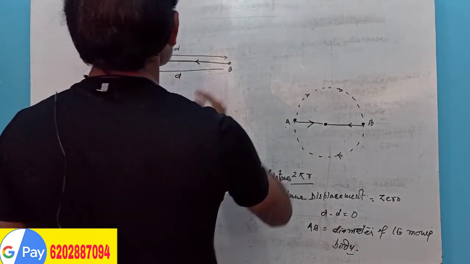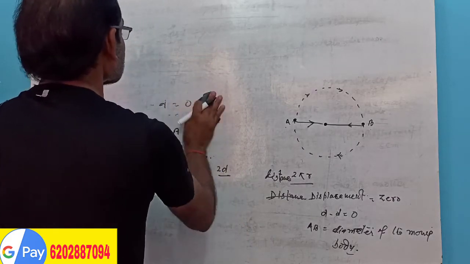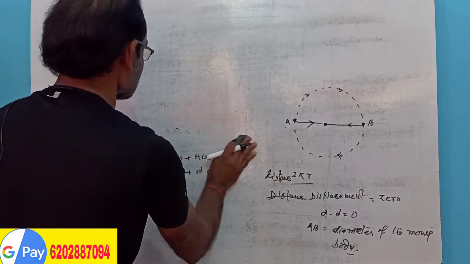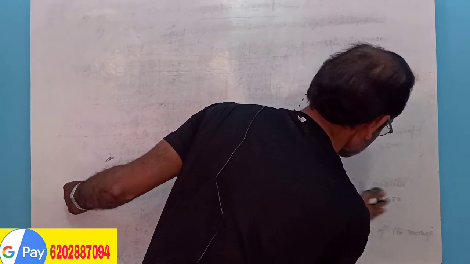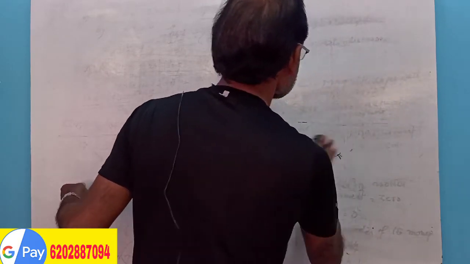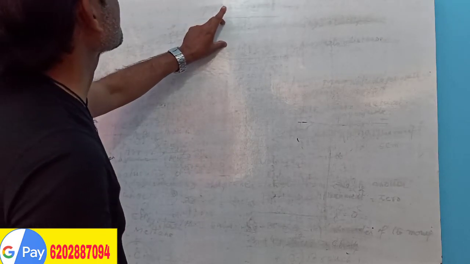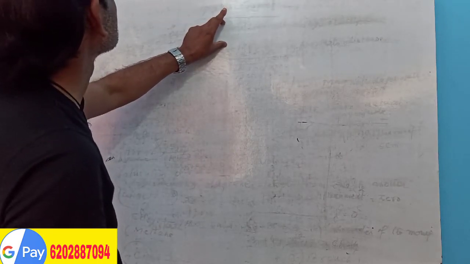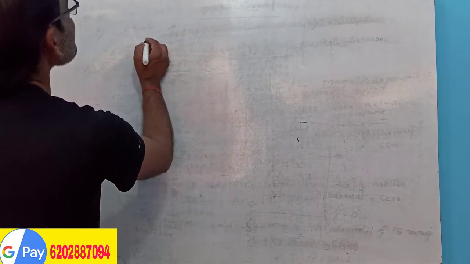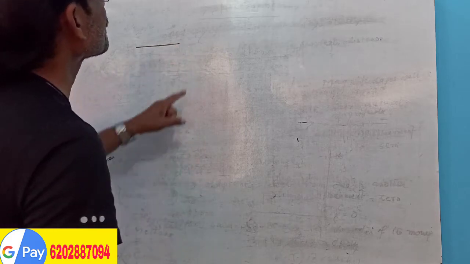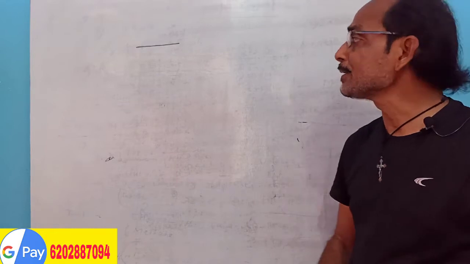Unit and dimension of displacement and distance. As you know, displacement and distance are not the same thing: displacement is directional, whereas distance is non-directional.